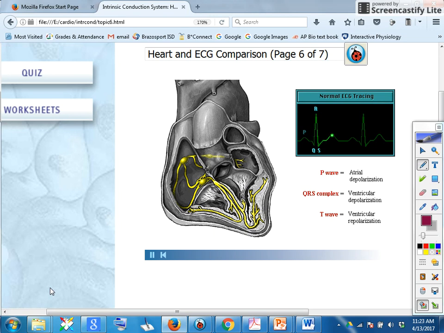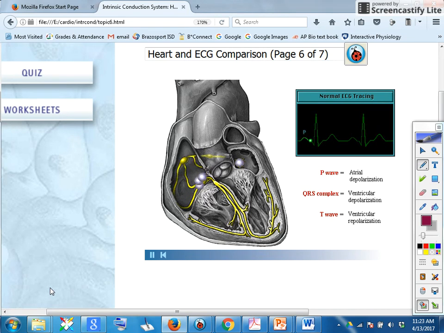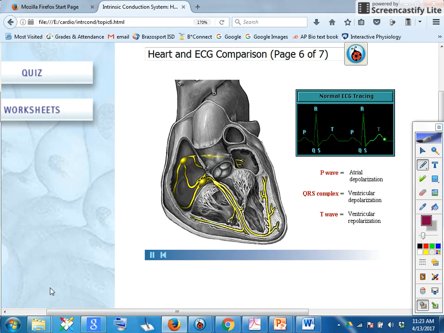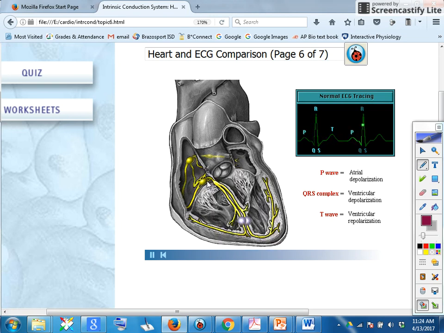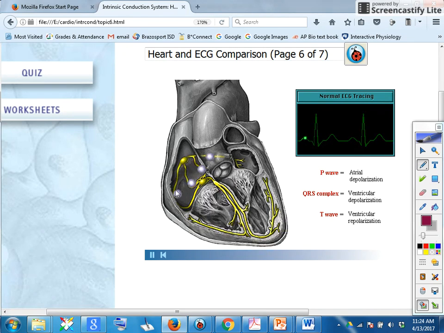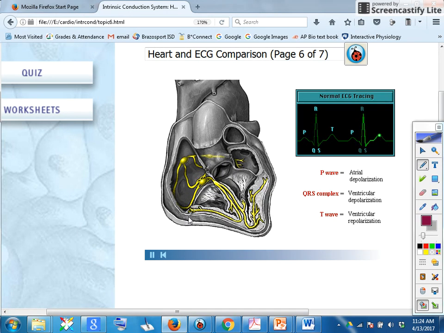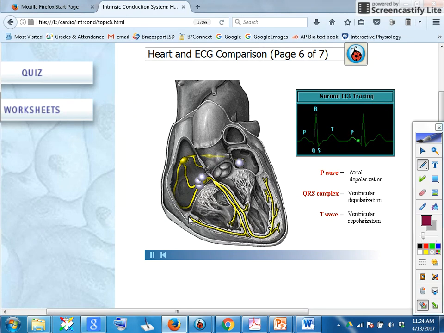And the T wave represents ventricular repolarization, which is followed by ventricular relaxation. Notice here, the signal goes, both atria contract, the signal goes, both ventricles contract. So atria contract, ventricles contract. Atria contract, ventricles contract.